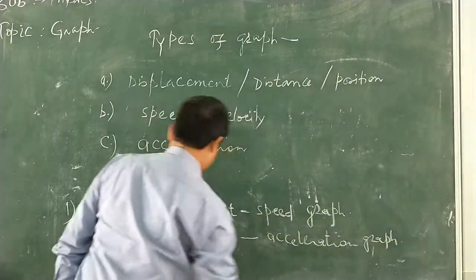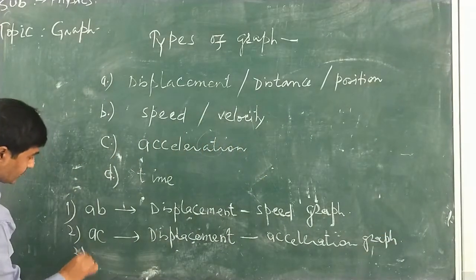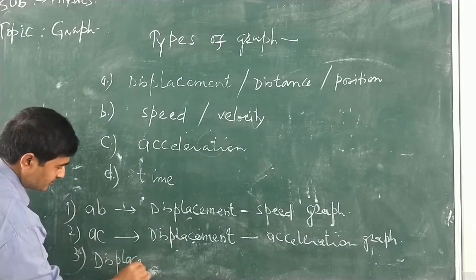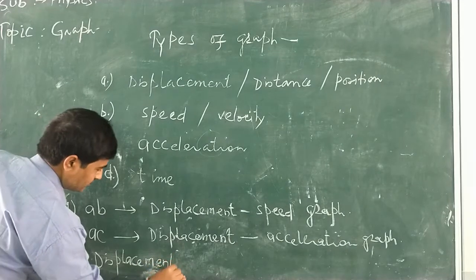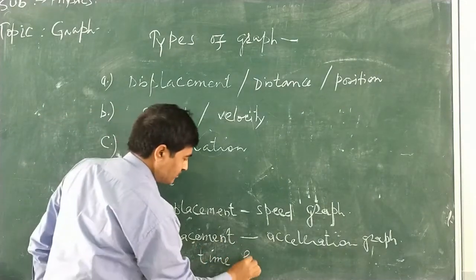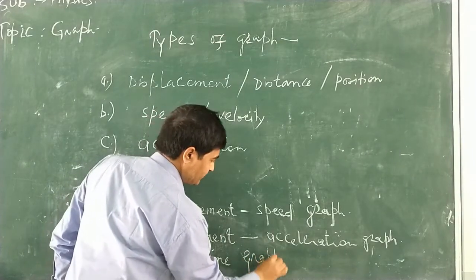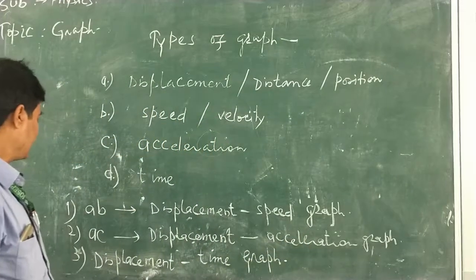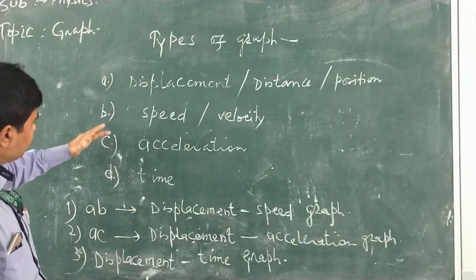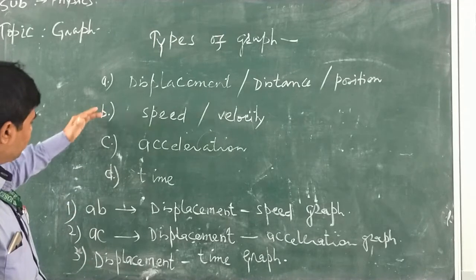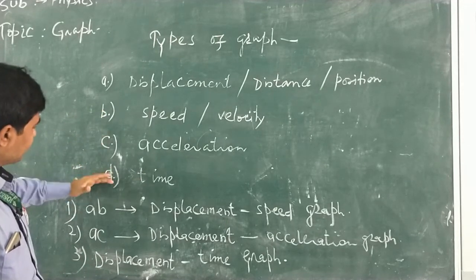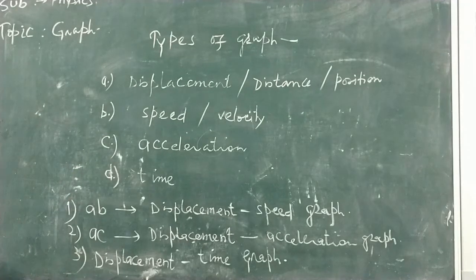Number 3, displacement time graph. Similarly, number 4, speed acceleration graph, number 5, speed time graph, and number 6, acceleration time graph.